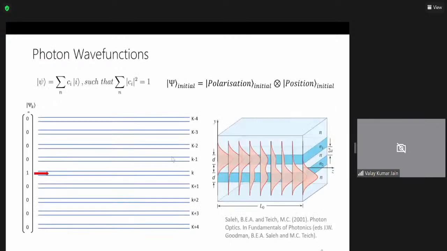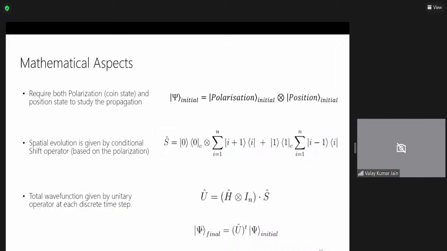So what do I mean by waveguide lattice over here? Now I have kept a large number of waveguides next to each other. And I've already told you that they have the finite probability of tunneling. And therefore, when I inject a photon, it can tunnel to the left and the right, and then it can tunnel further, and it can have all sorts of dynamics. So the final state of my output will just be given by applying the unitary operator t times to the initial state.